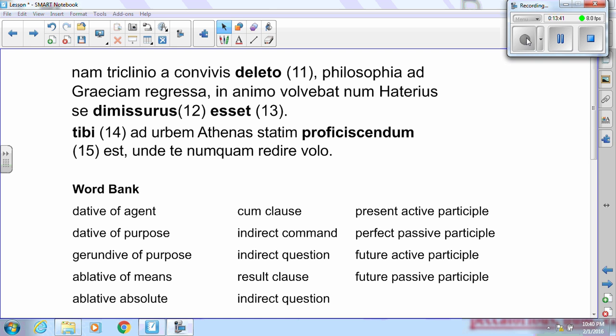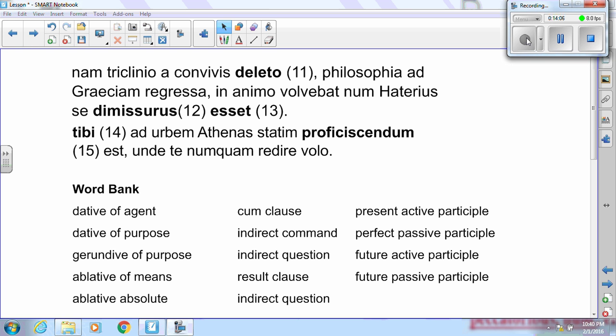So you must return to the city of Athens at once. Unde te nunquam redire volo. I want you never to return here. So tibi would be our dative of agent inside that passive periphrastic, and of course the profescendum is the gerundive of obligation, or our passive periphrastic.